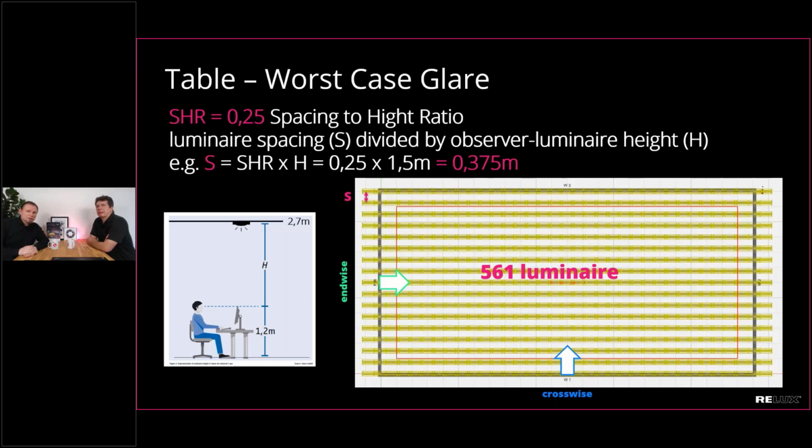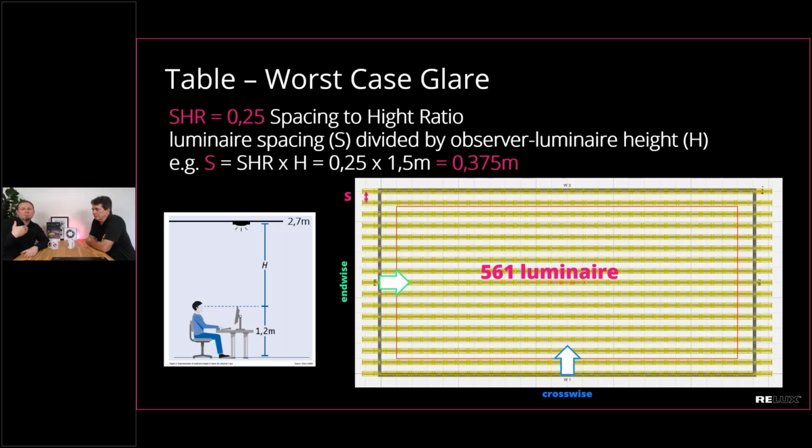In the UK, sometimes in the older days, there were also spacing to height ratios of 1. This is because the UGR standard comes out of an older British standard. I think the name is also something like the Glare Index ratio. And they used a spacing to height of 1.